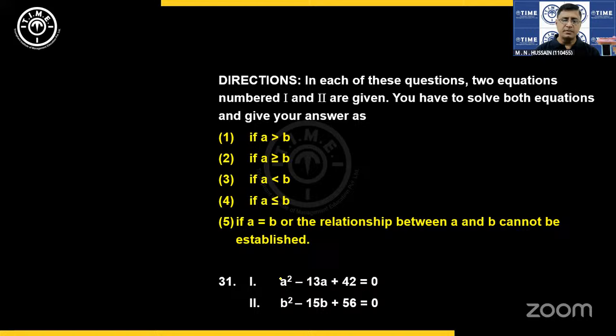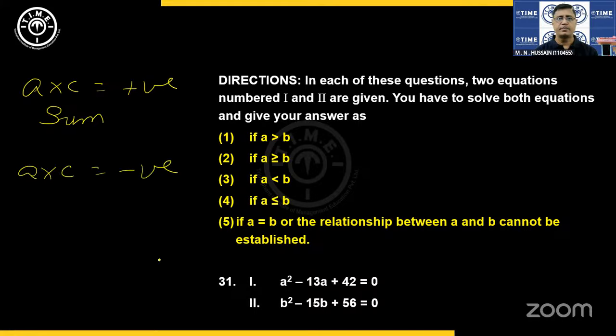If the product of the x square term and the constant, a and c, is positive, the middle number is the sum of the factors. If a into c is negative, the middle term is the difference of the factors. Middle term is the value of b.